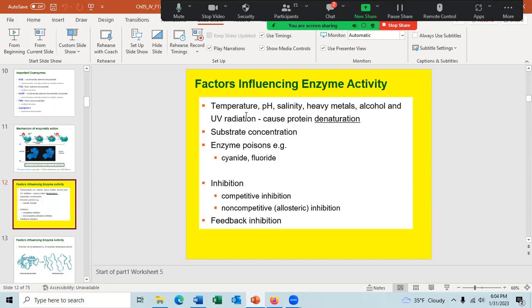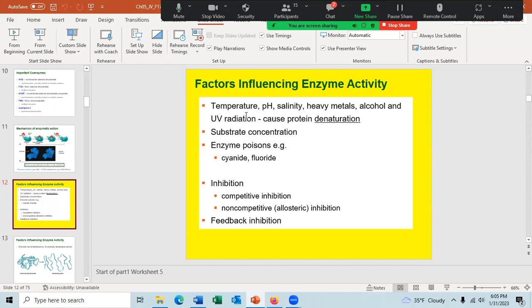And if you were to take the wrong pH, like put the egg white in very acidic acid, just lemon juice, not that acidic, the egg whites would start denaturing, and they too would take on a white appearance, meaning that the proteins have been denatured. And that's true for salinity, the presence of heavy metal, alcohol, and then UV radiation.